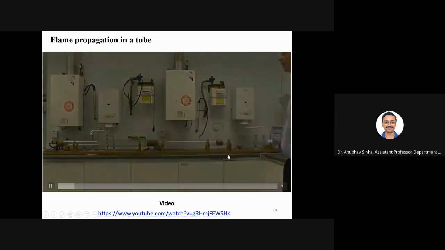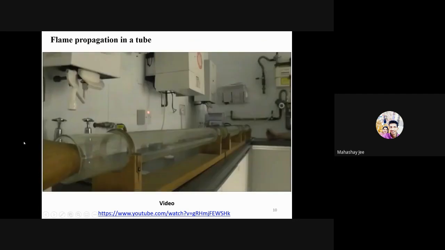Can you see the flame was ignited here? Yes, sir. Okay, this is another view.